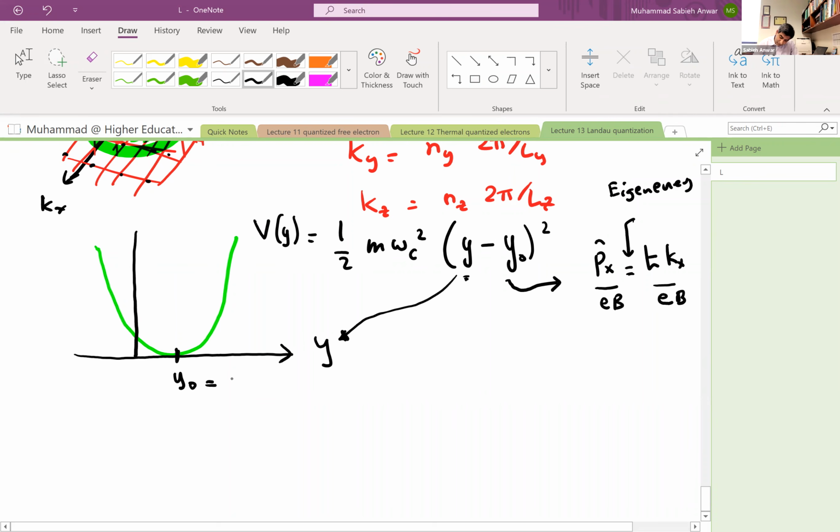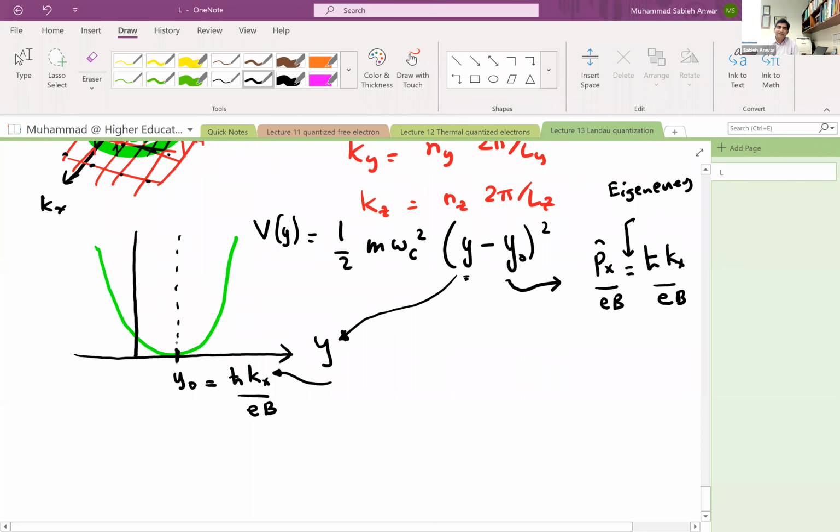So this y naught is really h bar kx over eB. So the x component of the k vector determines the center point or the pivotal point of the wave functions.